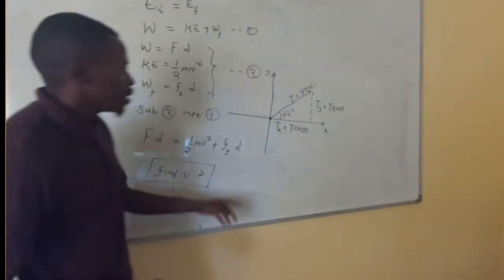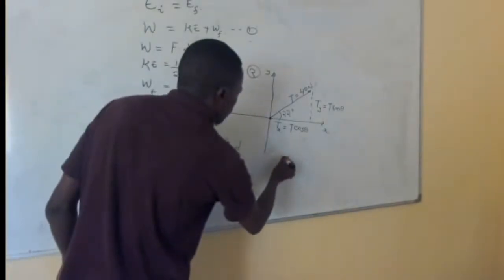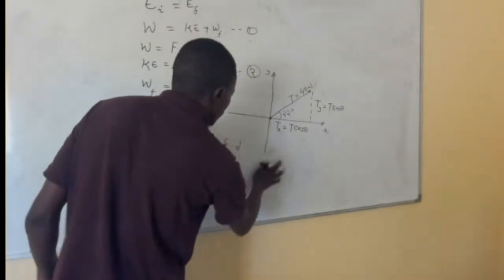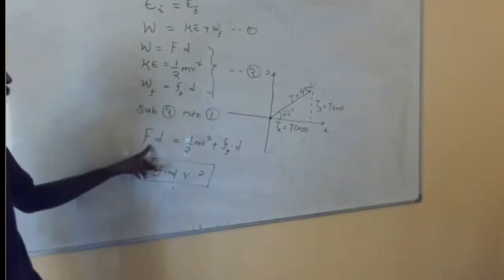Okay, and we know that this is at an angle, so therefore if we sum all the forces that are acting... Okay, before we proceed to that, if we look at the formula for work, which is the force times distance, the force is the horizontal force.